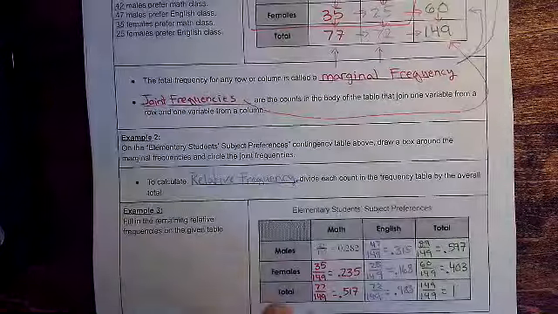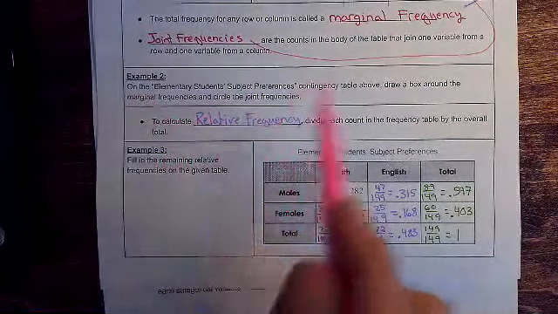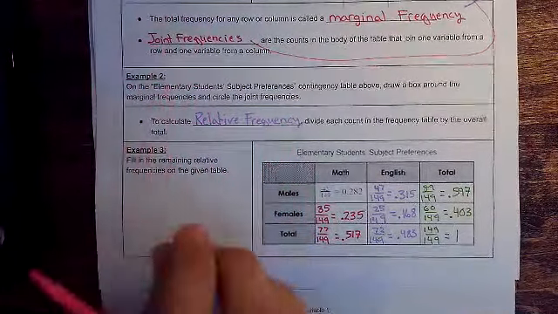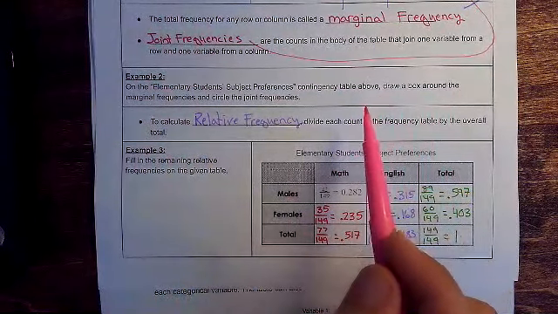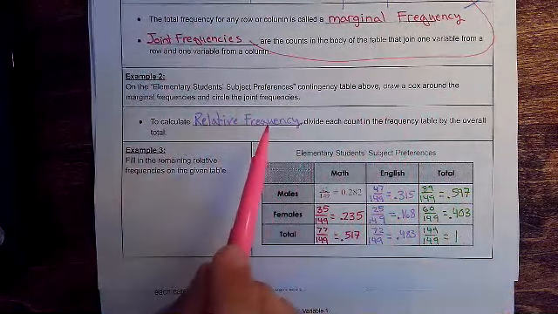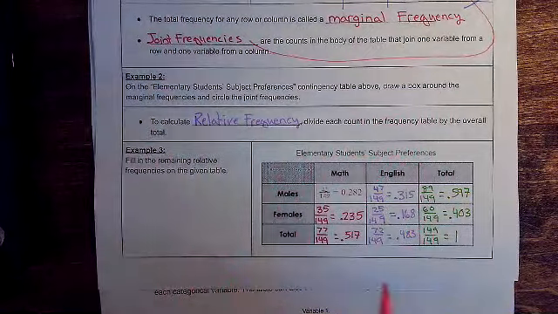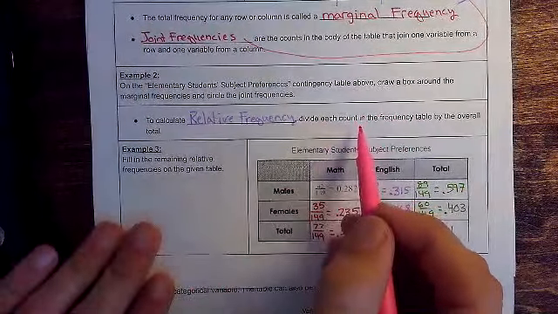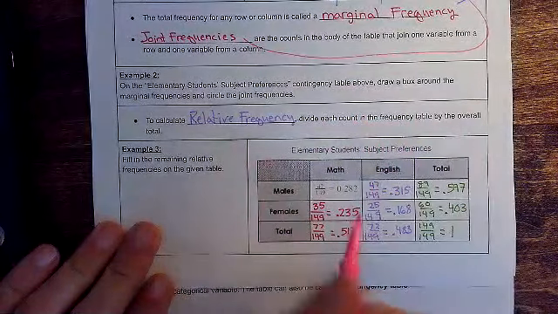All right. So this next example says, for the same information, just like before, it wants us to point out the relative frequency. Relative frequency is where we divide each of the counts by the overall total.